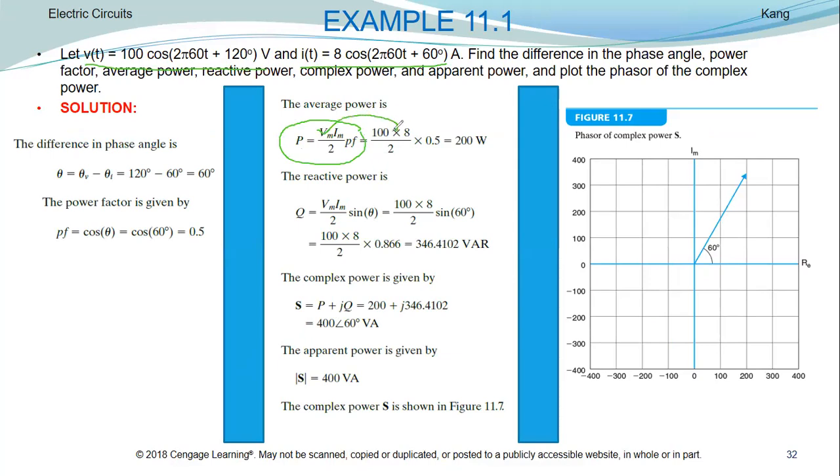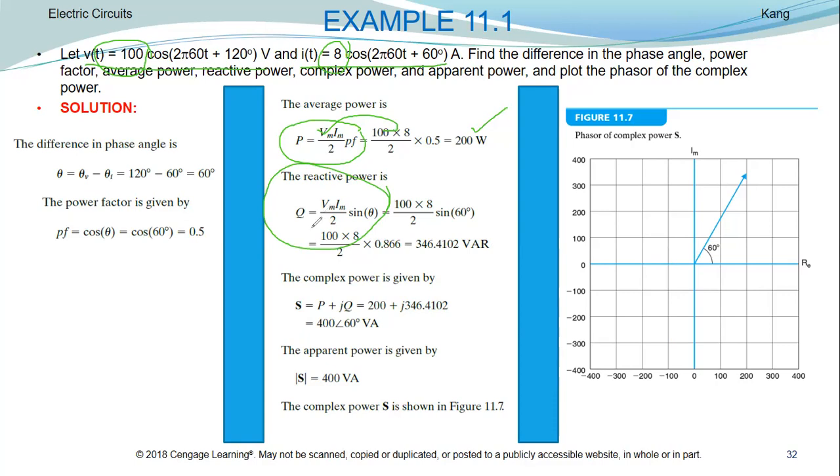The value of Vm is 100, given here, and for Im, given here, divided by 2 with the Pf, power factor equals 0.5, which will be equal to this one. And Q equals Vm Im sin theta. So Q equals Vm Im divided by 2 with the sine of theta.